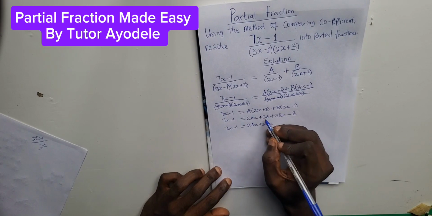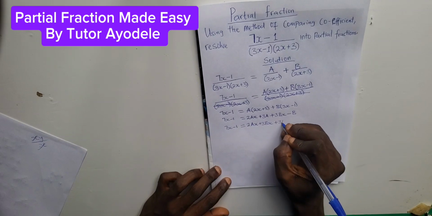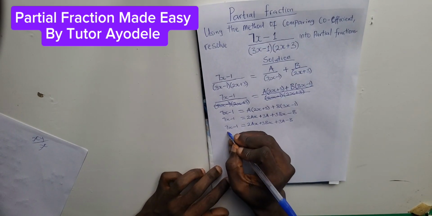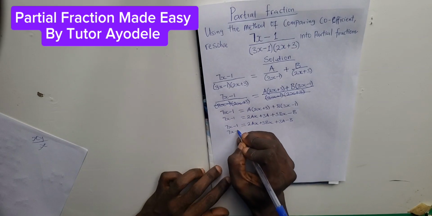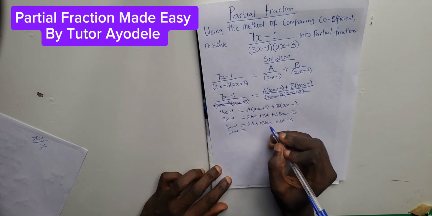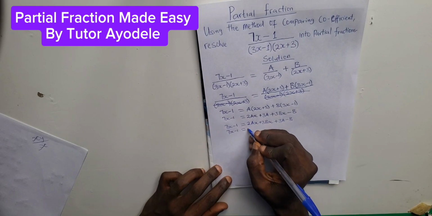This one does not have any x, and this one does not have any x, so I will bring them together here, plus 3a minus b. So I have 7x minus 1 equals, now what is common here, also common here, is x. I'll bring it out. I will have what?